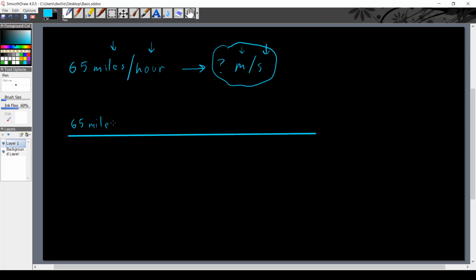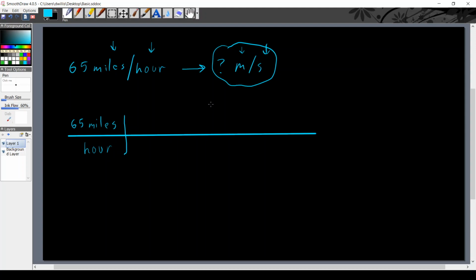And this is the first place that you have a good opportunity to make a mistake, so don't do it. You're tempted to put per hour right up here. No. Remember that per is what we mean by the dividing line. So 65 miles for every 1 hour. So the unit for hours goes down there. Okay, so 65 miles in 1 hour, and now I need to begin converting to meters and to seconds.